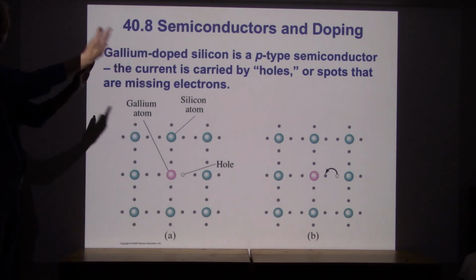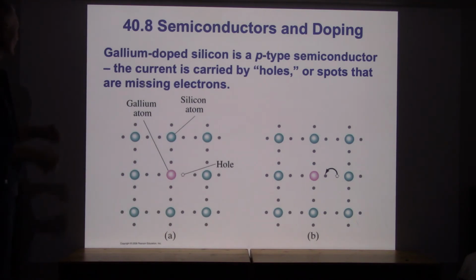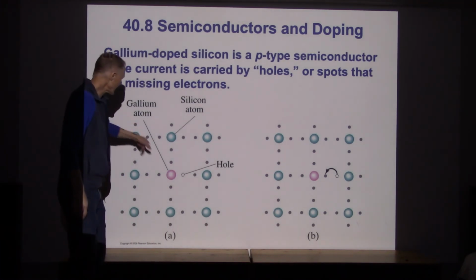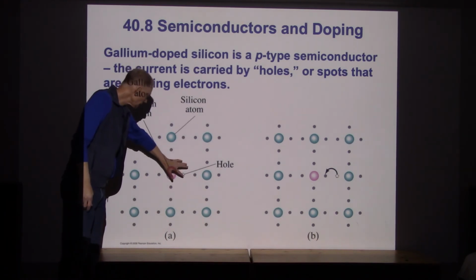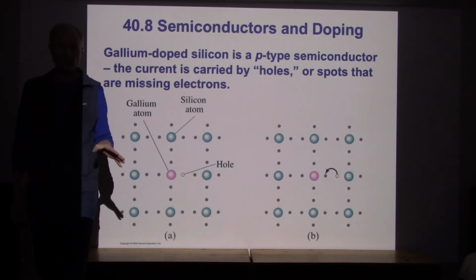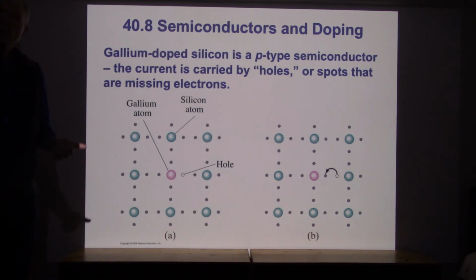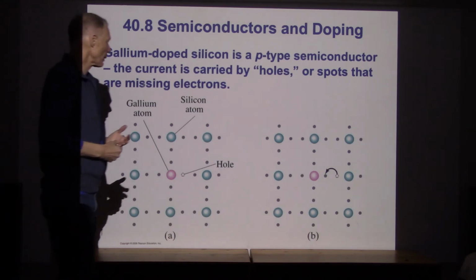Now gallium is one column to the left of silicon, and that says when you get a gallium substituted in to this location, there's going to be what's called a hole. So there's a missing electron at that location, and we find out that can also create intermediate wave functions. It can create quantum states within the gap that we're trying to jump through.